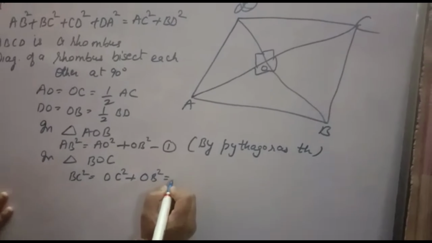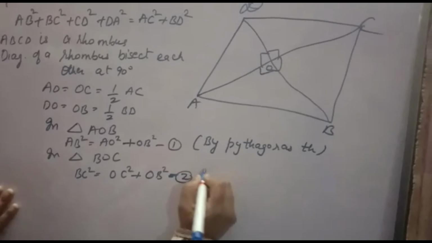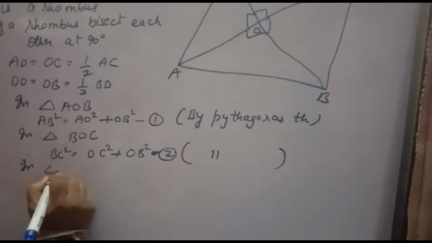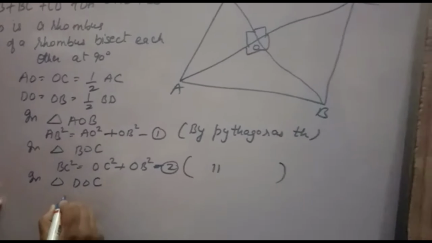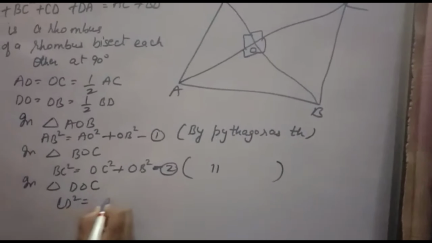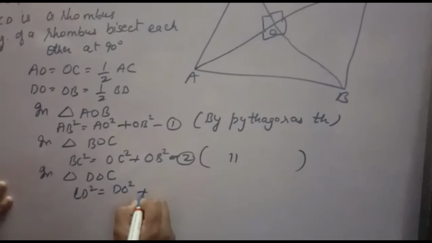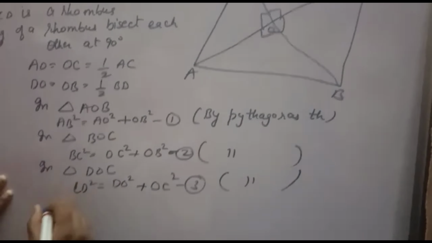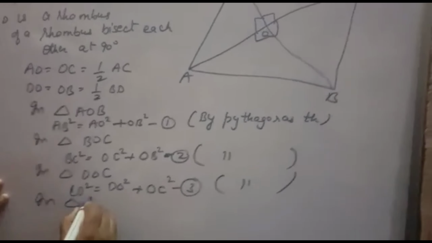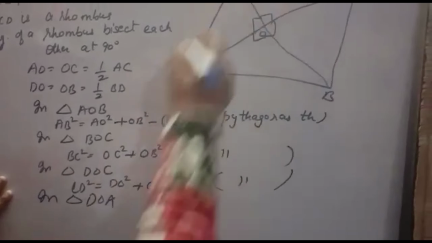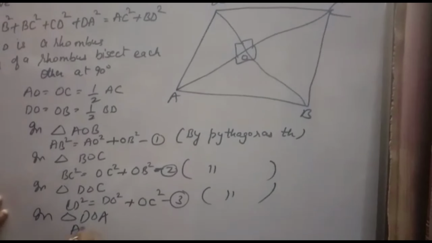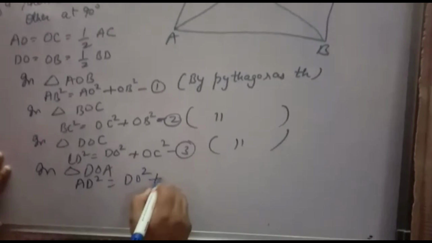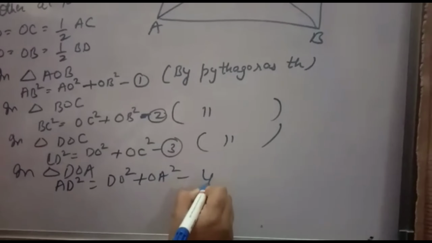Hypotenuse square is equal to perpendicular square plus base square. Similarly, in triangle DOC, CD square is equal to DO square plus OC square, same reason by Pythagoras theorem. In triangle DOA, AD square is equal to DO square plus OA square. Suppose this is the fourth equation.